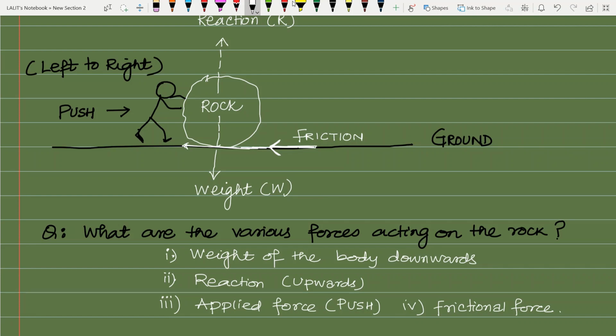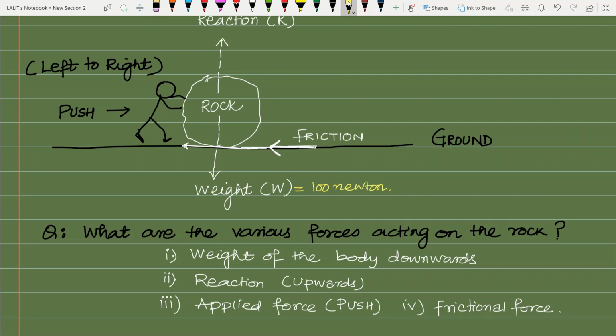So please look at the diagram. We have got a person pushing the rock. There is a frictional force. There is a weight of the rock. There is a reaction force which is vertically upwards. Now, under this condition, let us imagine the weight of the rock to be 100 Newton.